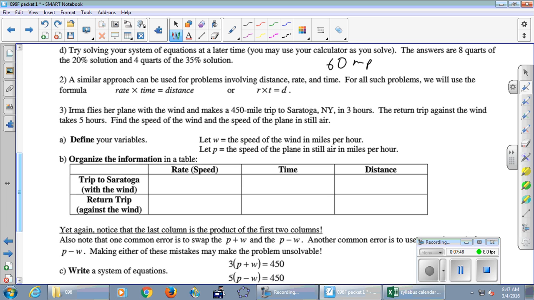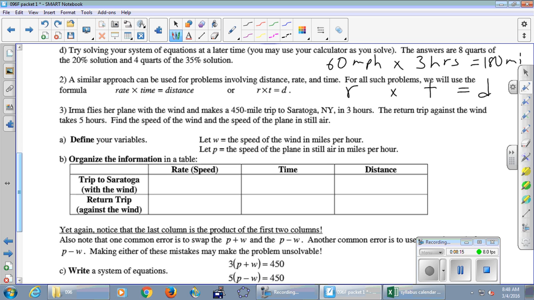If you are traveling 60 miles per hour for 3 hours, how far have you gone? 180. For sure, we all know we need to multiply those two things. That 60 miles an hour is a rate multiplied by the 3 hours, which is the time, to calculate the distance traveled. Good? So that's a formula we all know, even if we don't think of it symbolically.